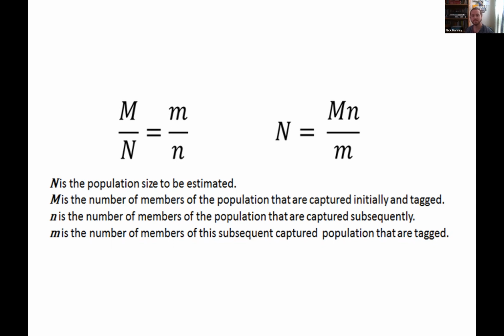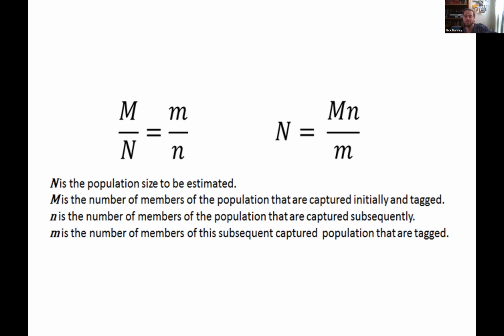And then the lowercase letters are the estimates we get when we go out and we do the same. You have to do exactly the same experimental design because this method works based on a ratio, on the assumption that you're capturing the same proportion of the population both times. So the lowercase n is the number of individuals that are captured when you go out your second time.